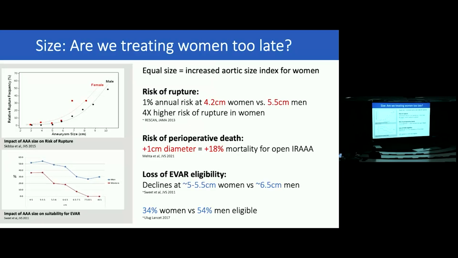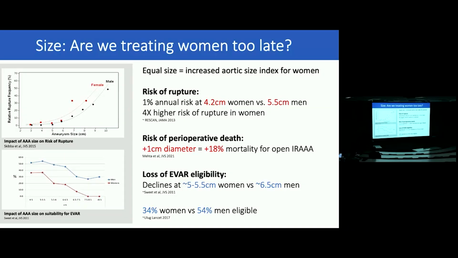If you look at modeling studies and pooled observational data, the rupture risk of a 5.5 centimeter aneurysm in men is the same as that of a 4.2 centimeter aneurysm in women. So there's a 4 times higher risk of rupture at the same size threshold. And for risk of perioperative death, for every 1 centimeter size increase in women, there's an increased 18% mortality compared to men.